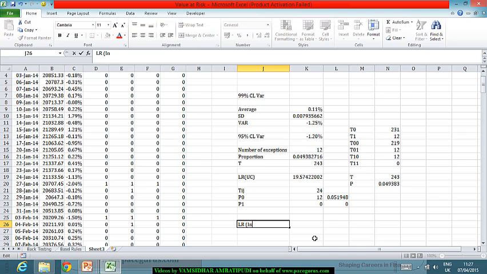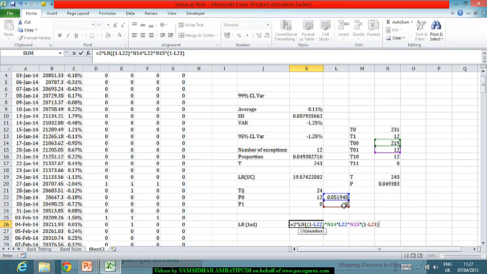The LR for independence will give me 2 log of 1 minus P0 to the power of T00, multiplied by P0 to the power of T01, multiplied by 1 minus P1 to the power of T10, multiplied by P1 to the power of T11.